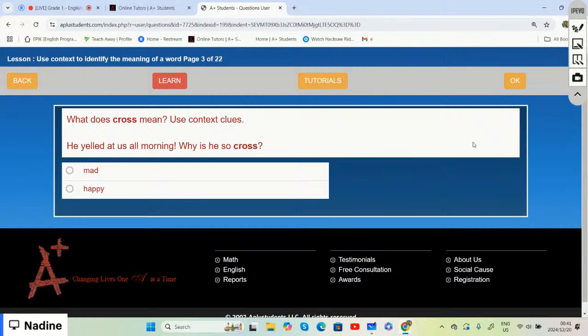The next one says we need to say what does cross mean? Cross. It says he yelped at us all morning. Why is he so cross? It's like he was yelling all morning.